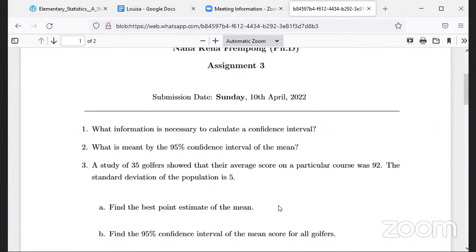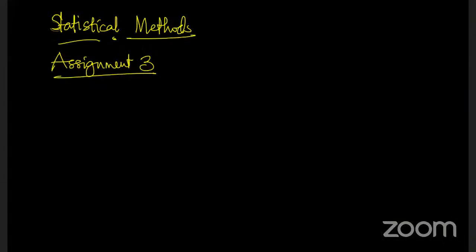So you need a mean. Let's write them down. For number one, you need the mean. It's also written as this. You need the standard deviation.